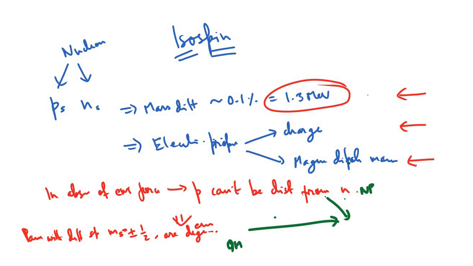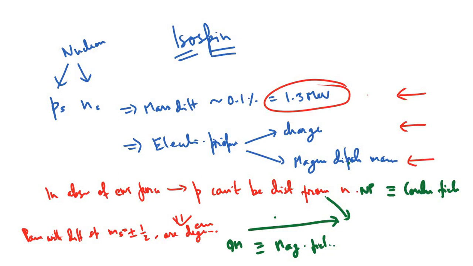The difference between a proton and neutron is quite analogous to the difference between particles with MS equal to plus minus half, if we substitute the Coulomb field with a magnetic field. So here we have the Coulomb field as the culprit and here we have the magnetic field as the culprit. So this is the basic idea.